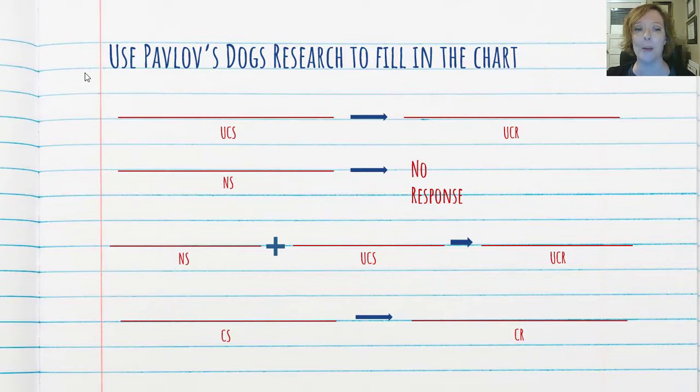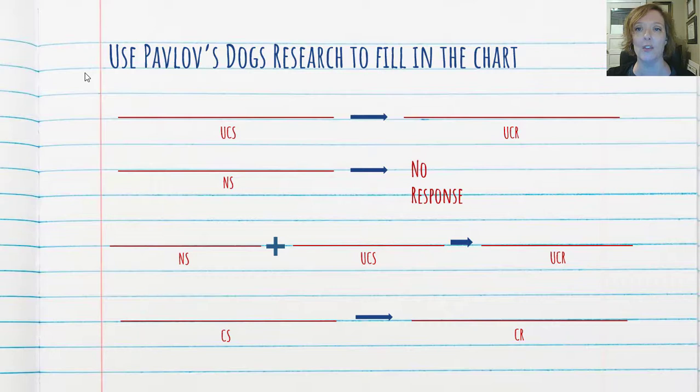After association happens, the neutral stimulus is paired with the unconditioned stimulus, which leads to an unconditioned response. When those stimuli have been associated, the neutral stimulus becomes a conditioned stimulus, and then the response is a conditioned response.